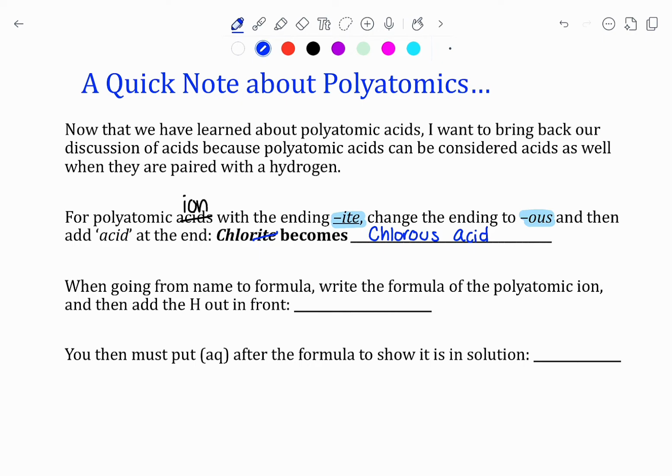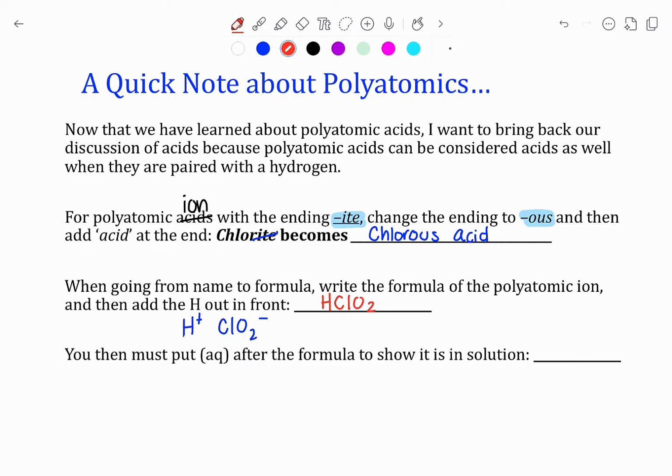So we know that we're going to add a hydrogen here, and chlorite has the formula ClO2-. Again, I only need one hydrogen to balance out my -1 charge of the chlorite. So we get HClO2.